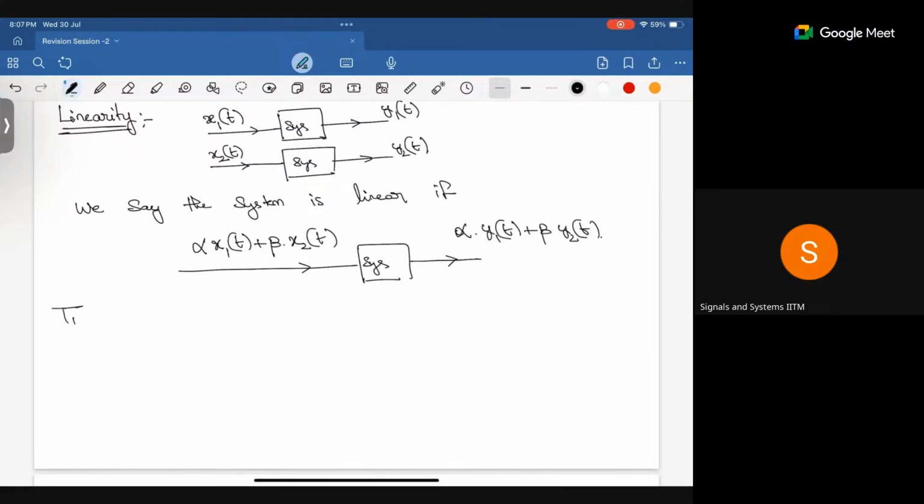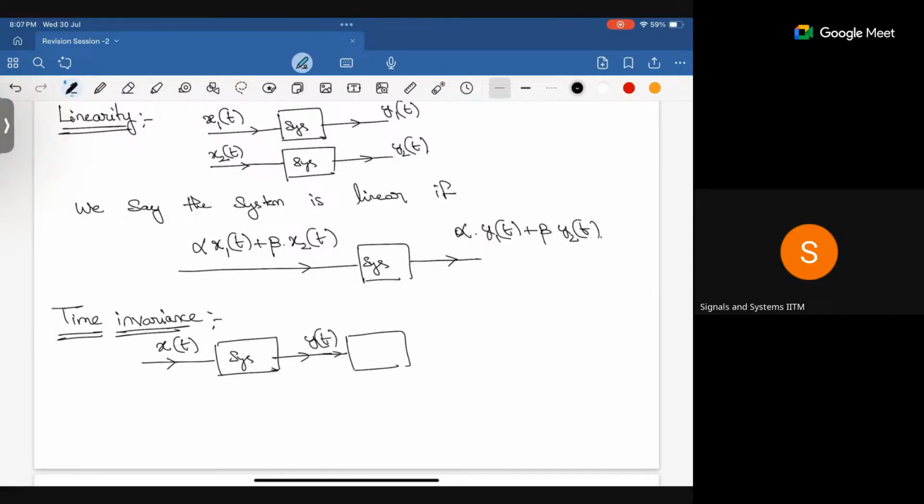What is time invariance? If I delay the input, my output should also be the delayed output. It's a two-step process. You send an input x of t to the system and you get some y of t.